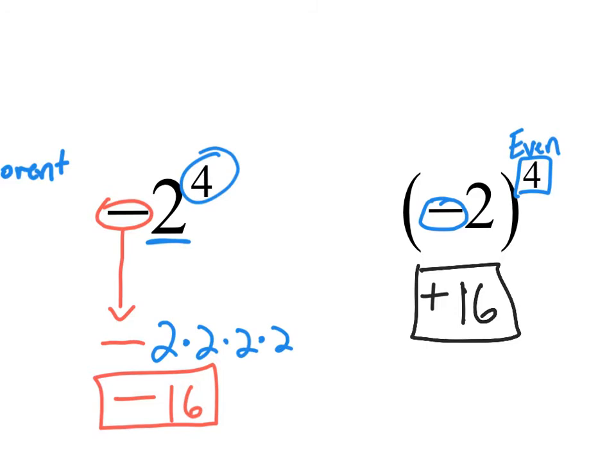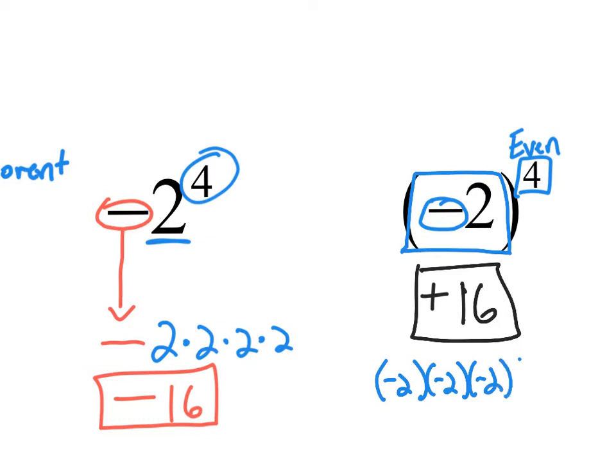Now, why is it positive? You'll be wondering. Well, if you do it the long way, I should show you the shortcut. If you do it the long way, you have to multiply everything inside of the parentheses by itself 4 times. So I'm just going to write it down so you can see it. Negative 2 in parentheses times negative 2 times negative 2 times negative 2.